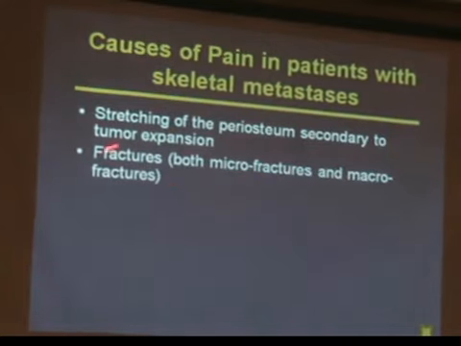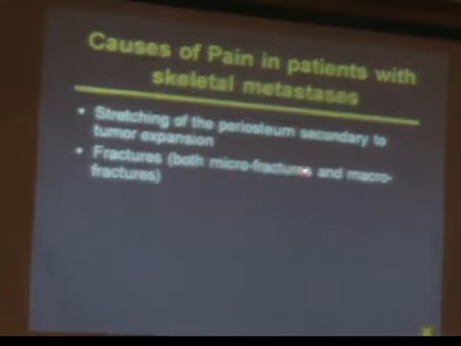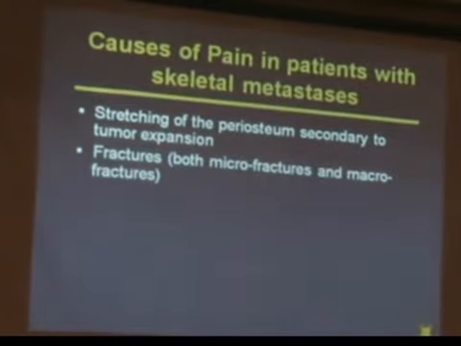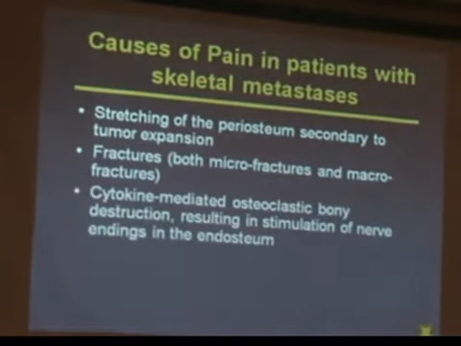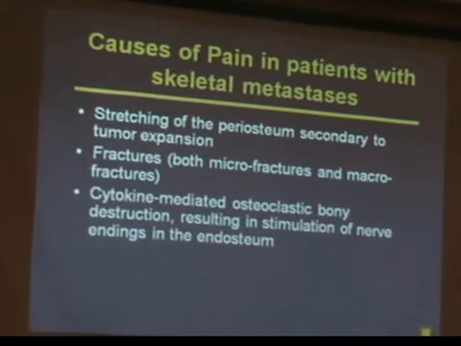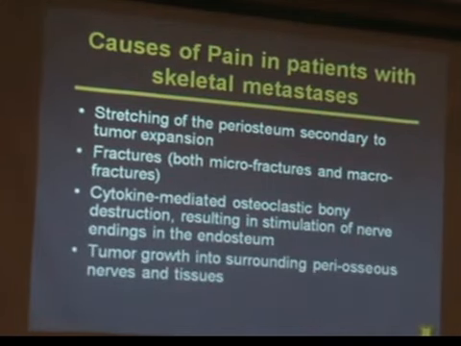You can also have fractures. There are both microfractures or trabecular fractures or obvious macroscopic fracture lines that might be visible. There's also other reasons why these patients might be having pain because of the osteoclastic bone destruction. There might be some mediators going into the bloodstream, stimulating the nerve endings in the endosteum of these patients.